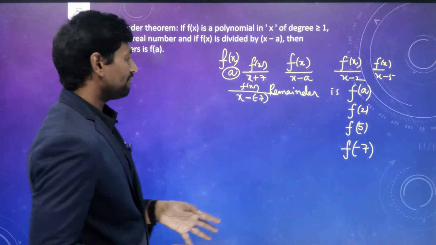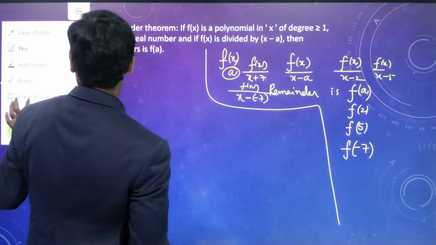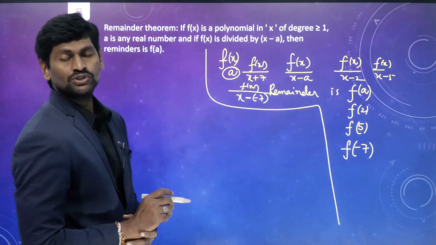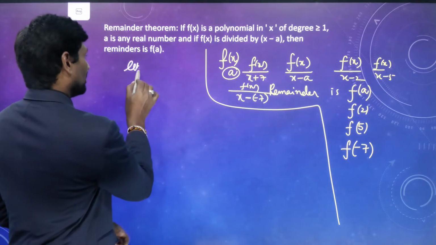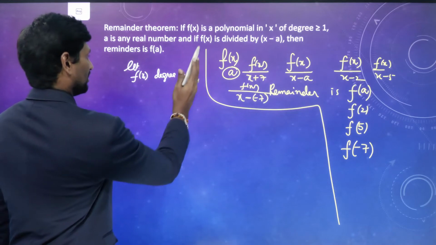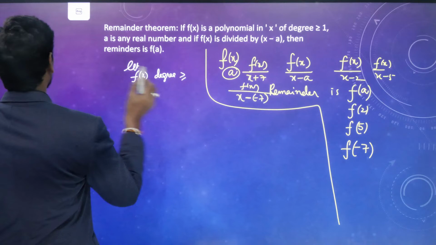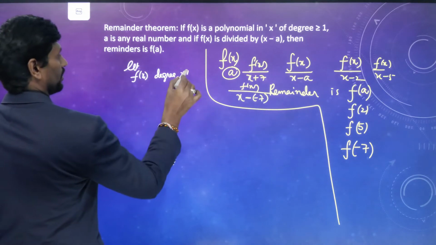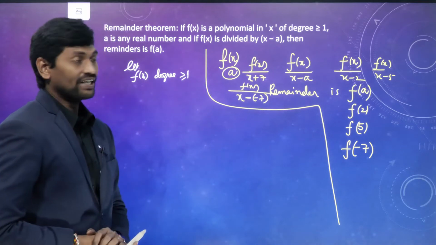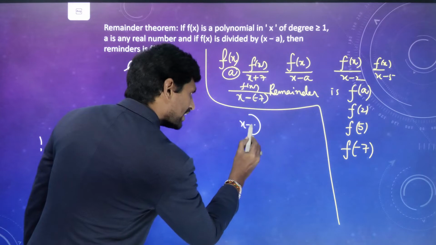So we need to prove it. For example, let us take a polynomial f of x whose degree is greater than or equal to 1. This is divided by x minus a.